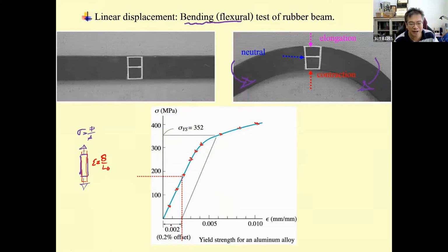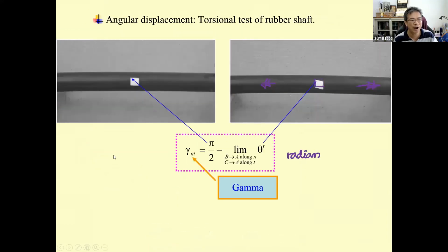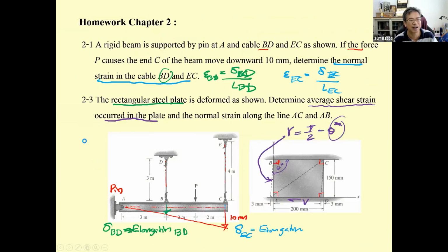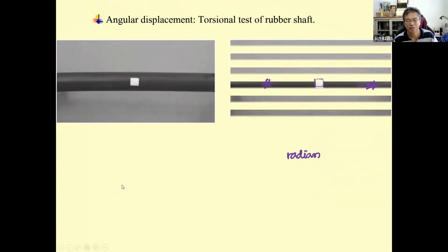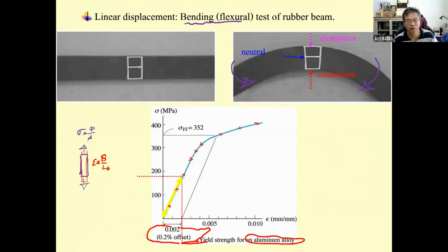If the yielding point is not clear, such as for aluminum alloy, unlike steel, which has a very clear yielding point like this. This is for the steel. As I mentioned before, sigma sub y is easy to determine, but for aluminum you have to use the 0.2% offset to determine it.